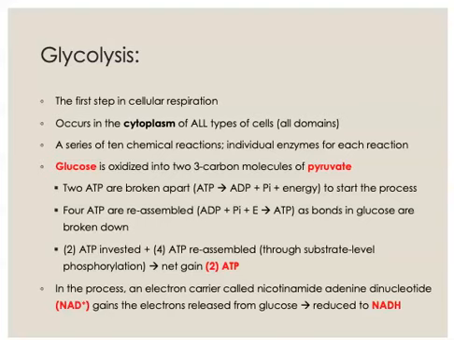As bonds in glucose get broken down and energy is released, that energy will be captured and used to rebuild ATP. So the sum of that 4 ATP being built, 2 ATP being used to begin the process, means that glycolysis ultimately results in the gain of 2 ATP.